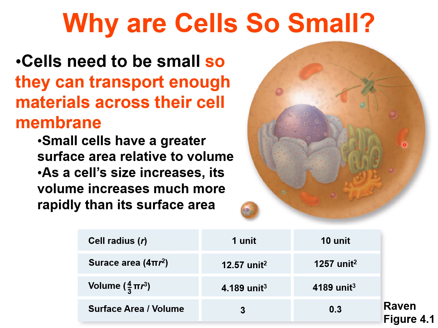And so these large cells, they just don't survive. But the smaller cells do survive because they've got a greater amount of surface area compared to the volume inside, and so they're able to transport enough stuff in and out of the cell to keep the cell alive. So that's why cells are so small.